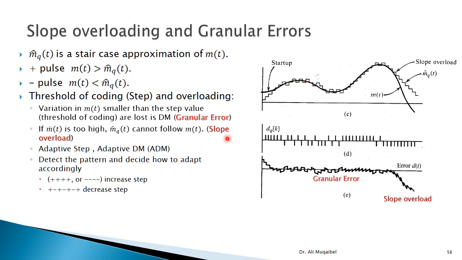So why don't we decrease the step size? So we can make an agreement, for example, if we have 4 or 5 positives or 4 negatives, we can increase the step size, and if it oscillates, we should decrease the step size. Of course, a clear agreement between the transmitter and receiver should be established.